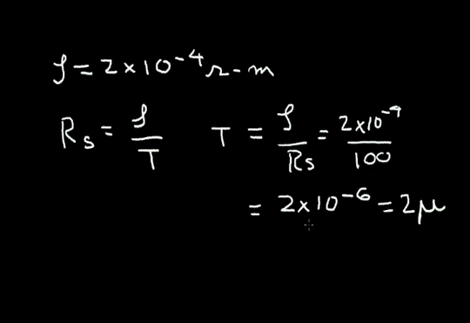Let me again erase this. Now let's use this material that's 2 microns thick and make a 200 ohm resistor. So I can take this material and I can lay down 1 square, and I know that that's equal to 100 ohms. Let's add another square, and now I have a 200 ohm resistor.